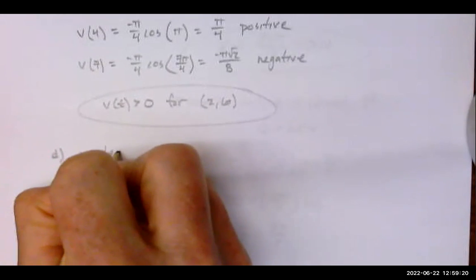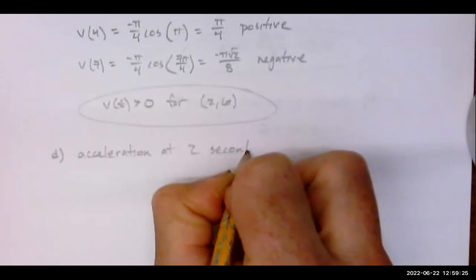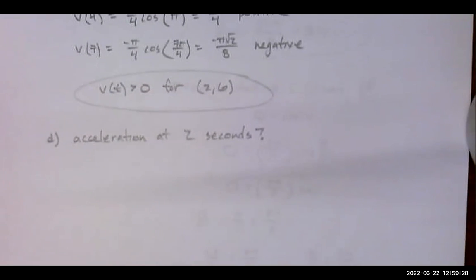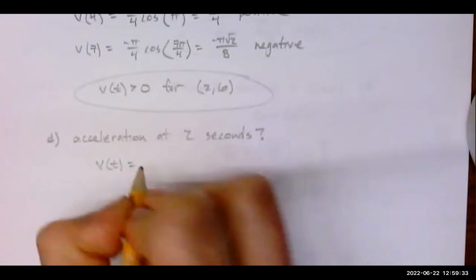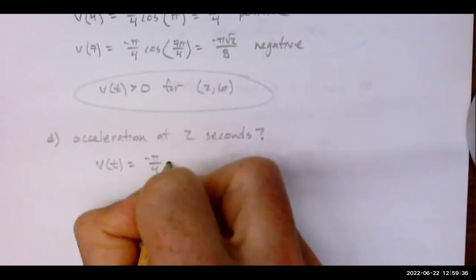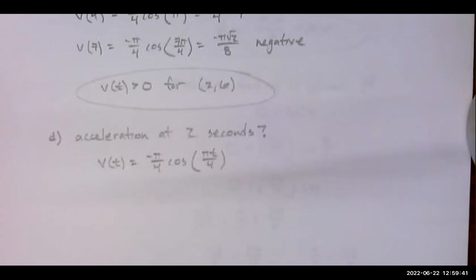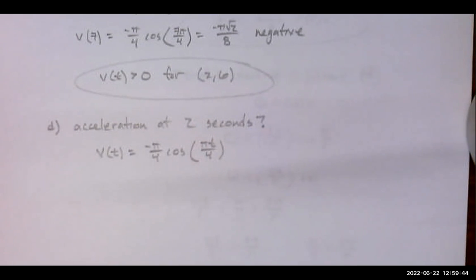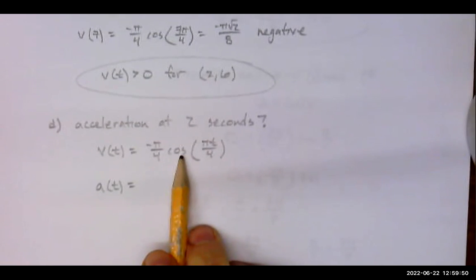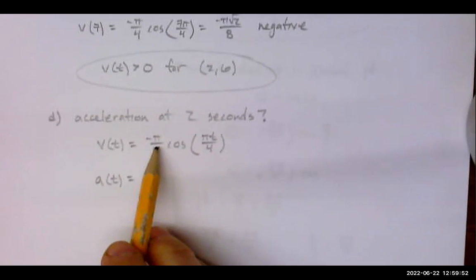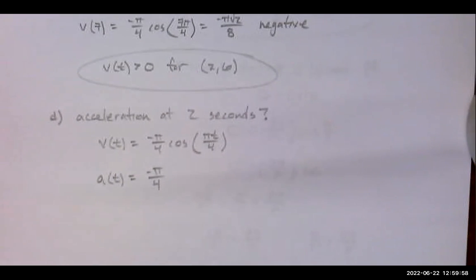What is the acceleration at 2 seconds? Was the last question. Well, for acceleration, we're going to need the derivative of velocity. Let me copy over the velocity so we can work with it. For this next derivative, we'll call it a of t. We'll need the chain rule again on the cosine of pi t over 4. This negative pi over 4 is a constant multiple, so that's going to just carry along.